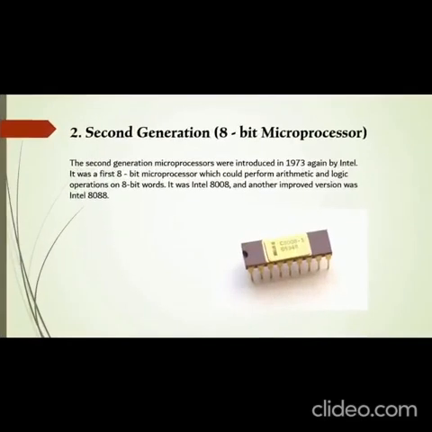Second generation 8-bit microprocessor. The second generation microprocessors were introduced in 1973, again by Intel. It was the first 8-bit microprocessor which could perform arithmetic and logic operations on 8-bit words. It was Intel 8008, and the improved version was Intel 8088.